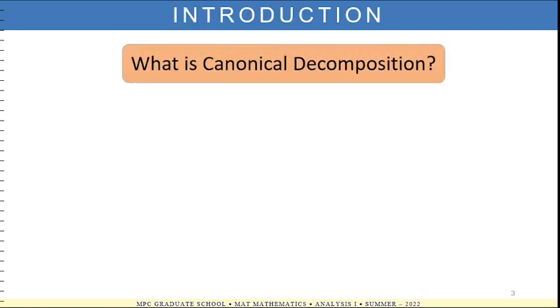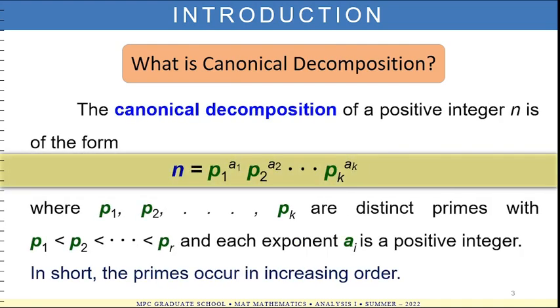So what is canonical decomposition? The canonical decomposition of a positive integer n is of the form n is equal to p sub 1 raised to a sub 1 times p sub 2 raised to a sub 2 up to p sub k raised to a sub k, where p sub 1 and p sub 2 up to p sub k are distinct primes with p sub 1 is less than p sub 2 less than up to less than p sub k.